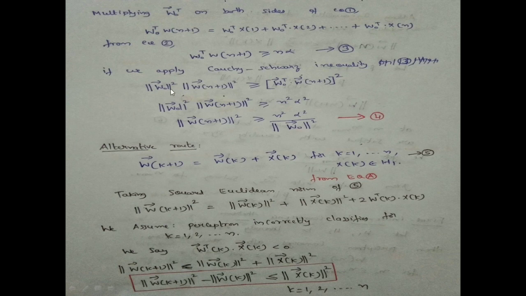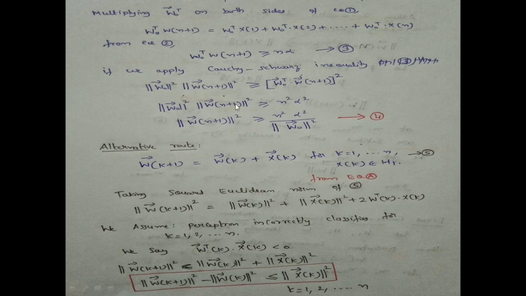Given two vectors W0 and W(n+1), the Cauchy-Schwarz inequality states that the norm of W0 squared times the norm of W(n+1) squared is greater than or equal to W0 transpose W(n+1) whole squared. Since W0 transpose W(n+1) is greater than or equal to n alpha, here it will be n squared alpha squared.